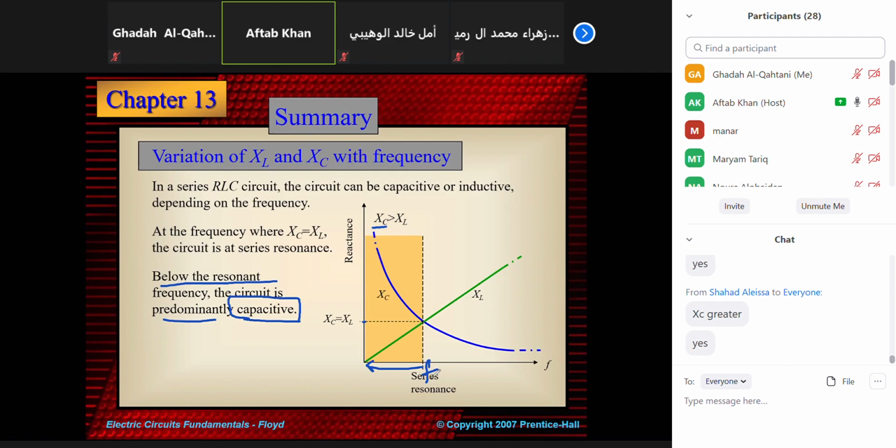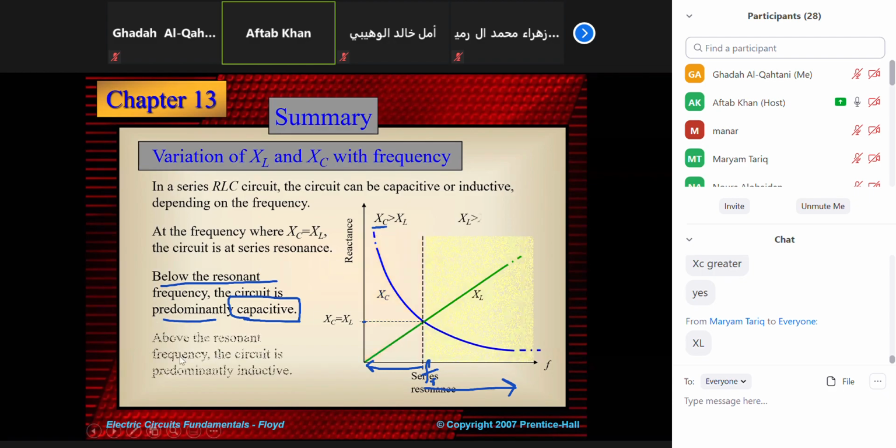Now the opposite case is here. If we go to the right of this center frequency, this is called the resonant frequency. If we go here, you can see which is greater, XL or XC. You see XC is reducing, but XL is increasing. So in this situation, what is happening? Above the resonant frequency, the circuit is predominantly inductive.